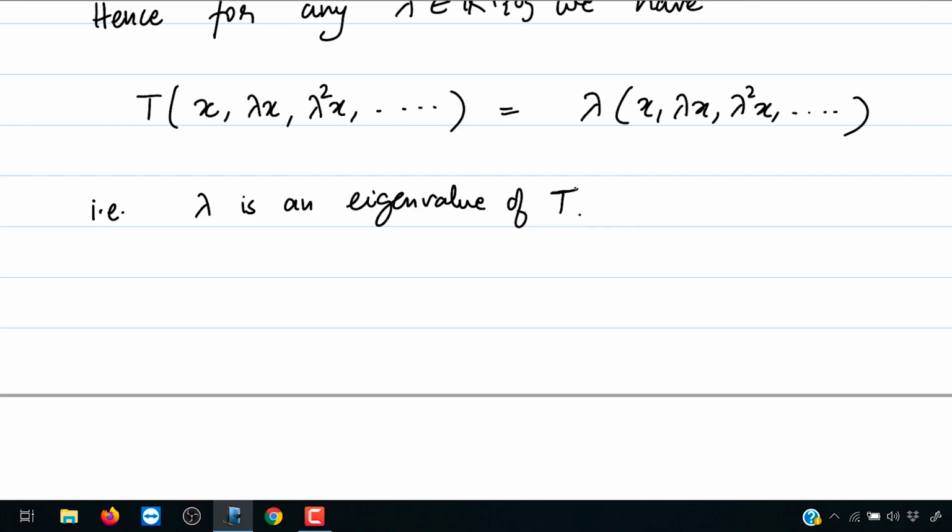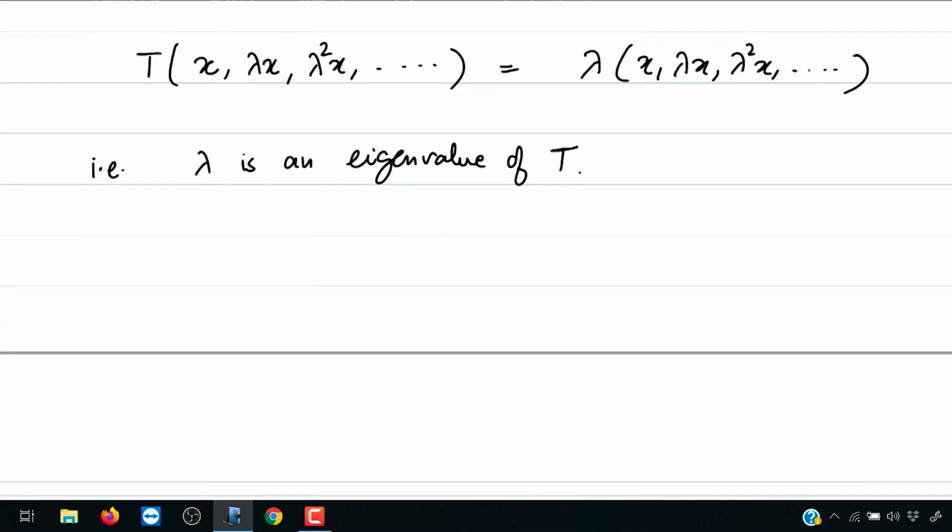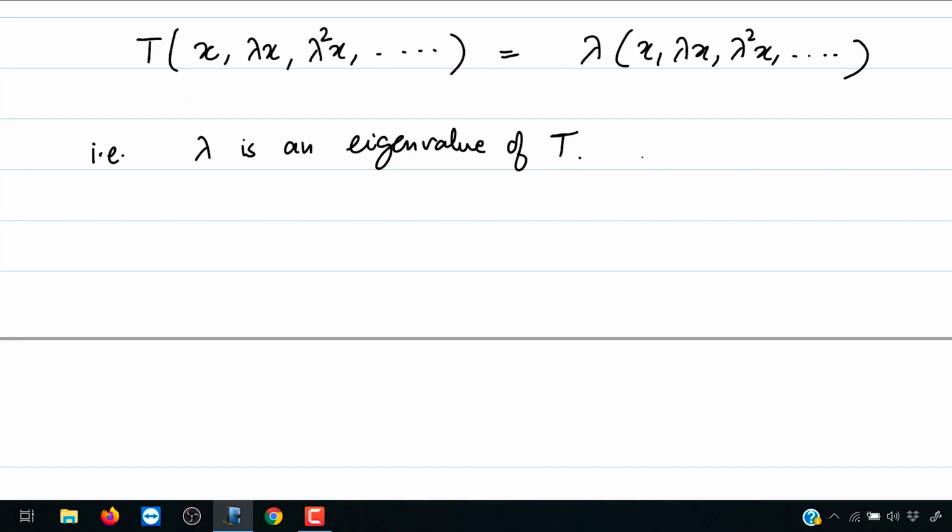That's something which maybe I should drop from the problem as well. We'll just be content with computing the eigenvalues here. So every real number hence turns out to be an eigenvalue of T.